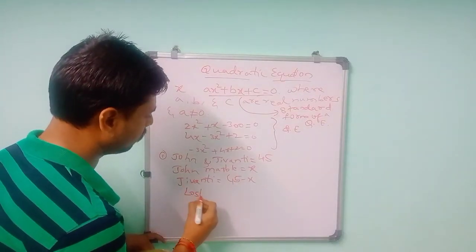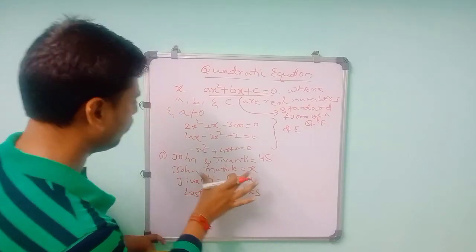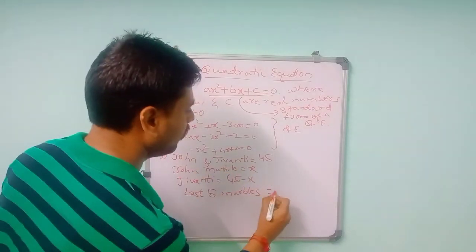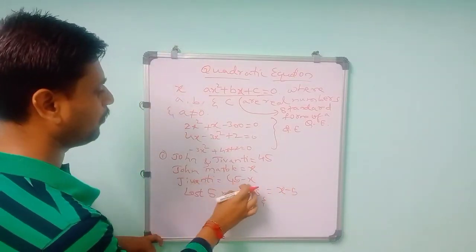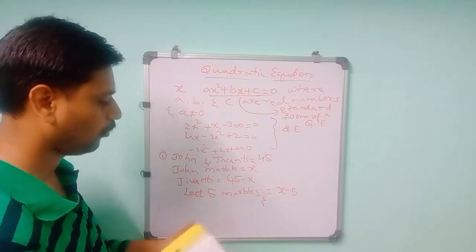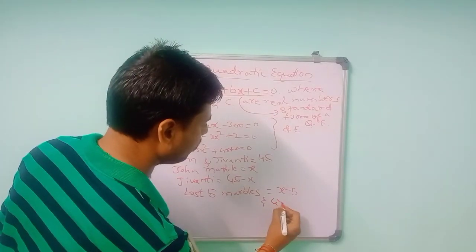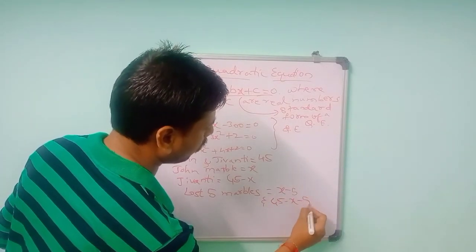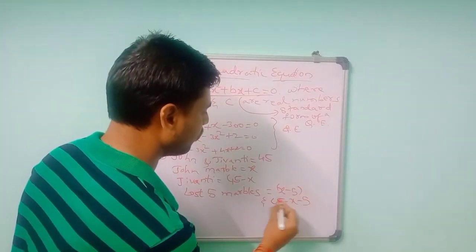John has x marbles, he lost 5, so x minus 5. And Jivanti had 45 minus x marbles, she also lost 5. So it is x minus 5 and 45 minus x minus 5.